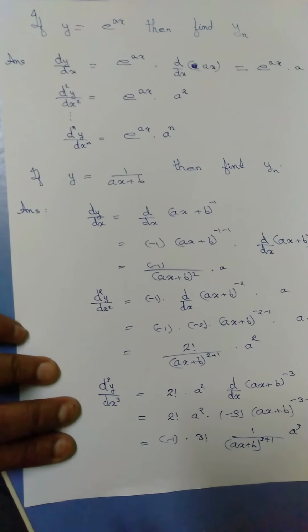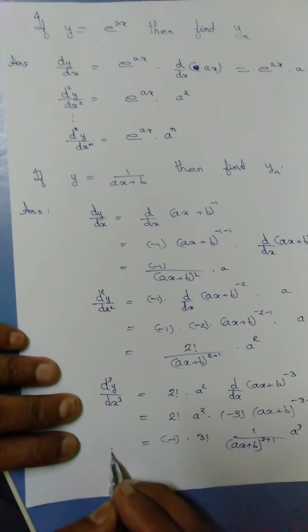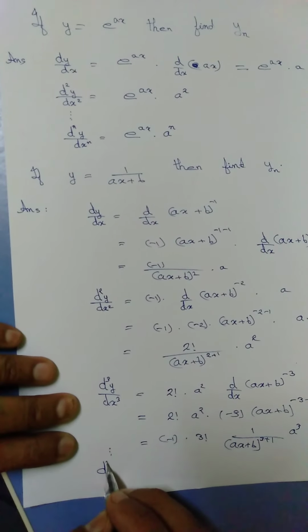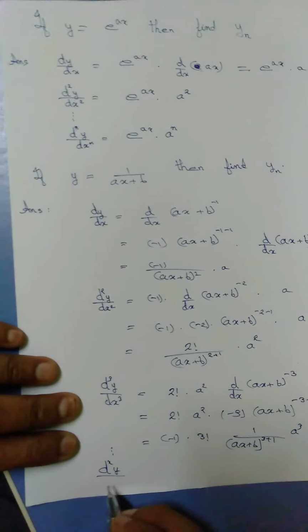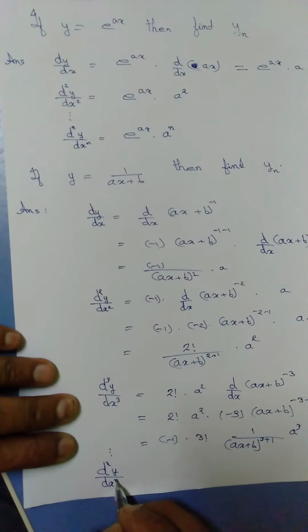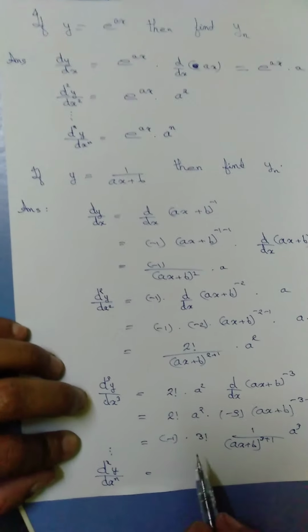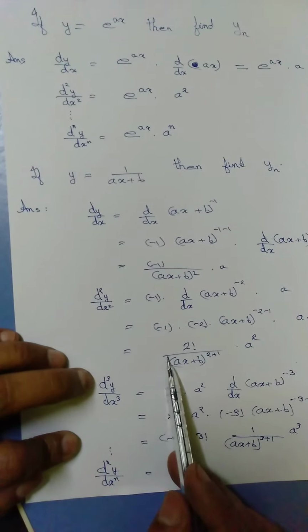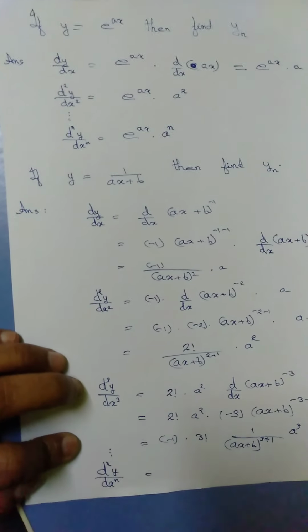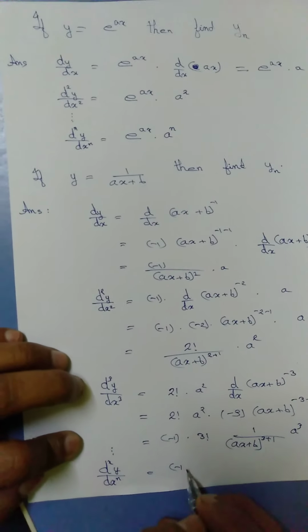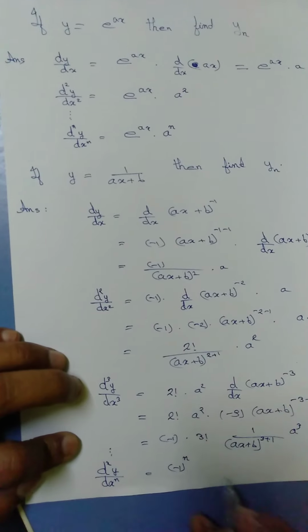So what can we say? We can say the nth derivative must be equal to, if it is even it is positive, if it is odd it is negative. That's what minus 1 to the power n is.